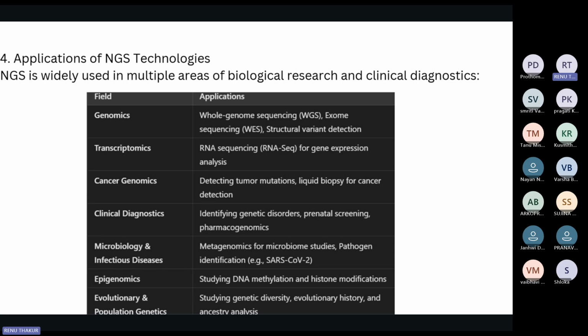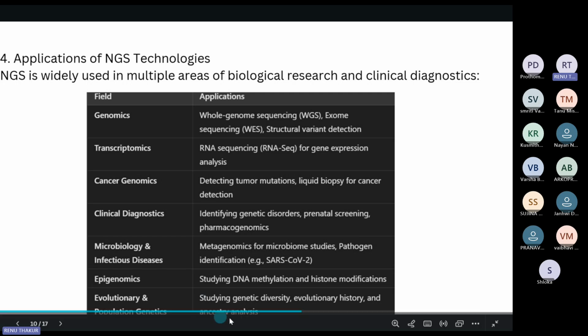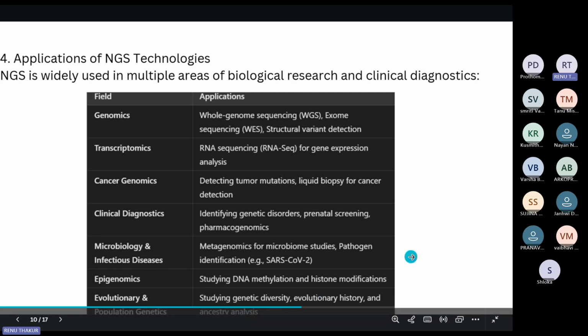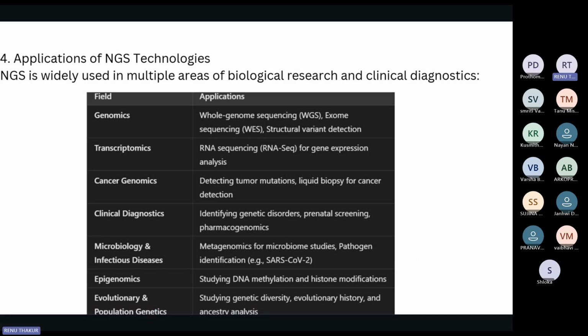In evolutionary and population genetics, to study genetic diversity, evolutionary history, and ancestry analysis. Okay, so you can study how genes have evolved over a period of time, so you can determine a pattern of any genetic variations all through evolution.